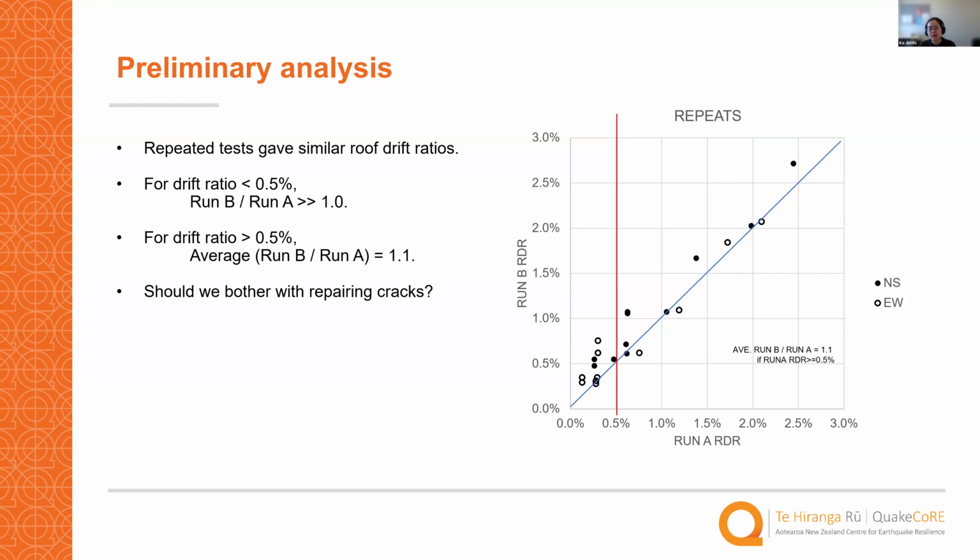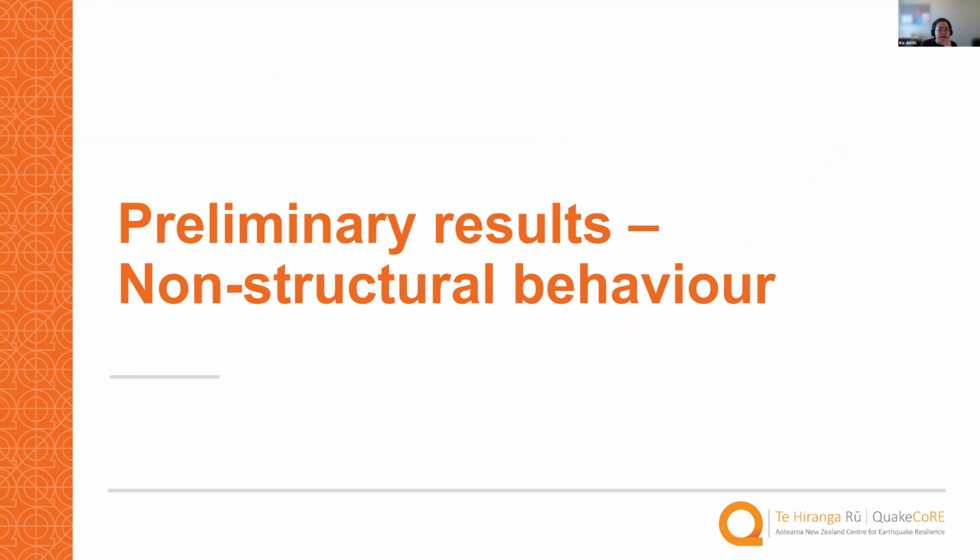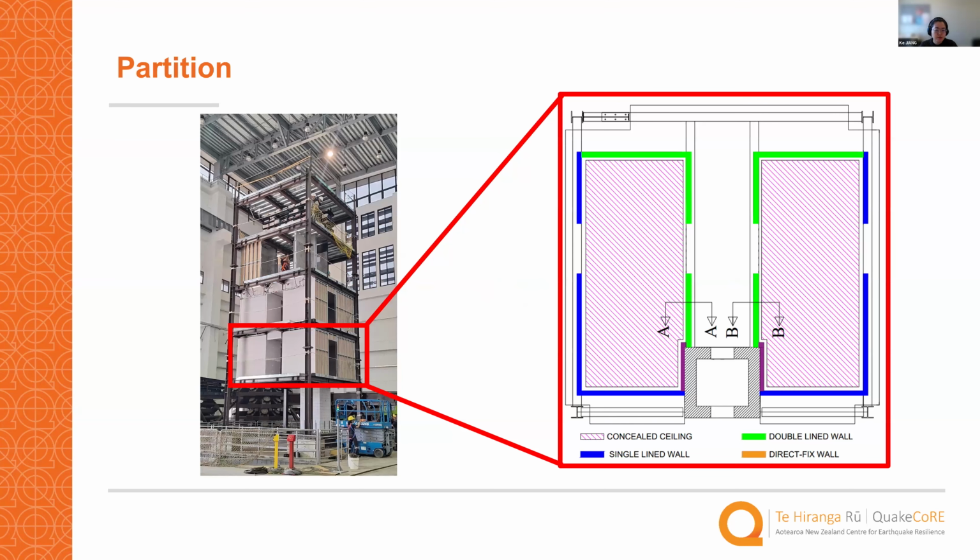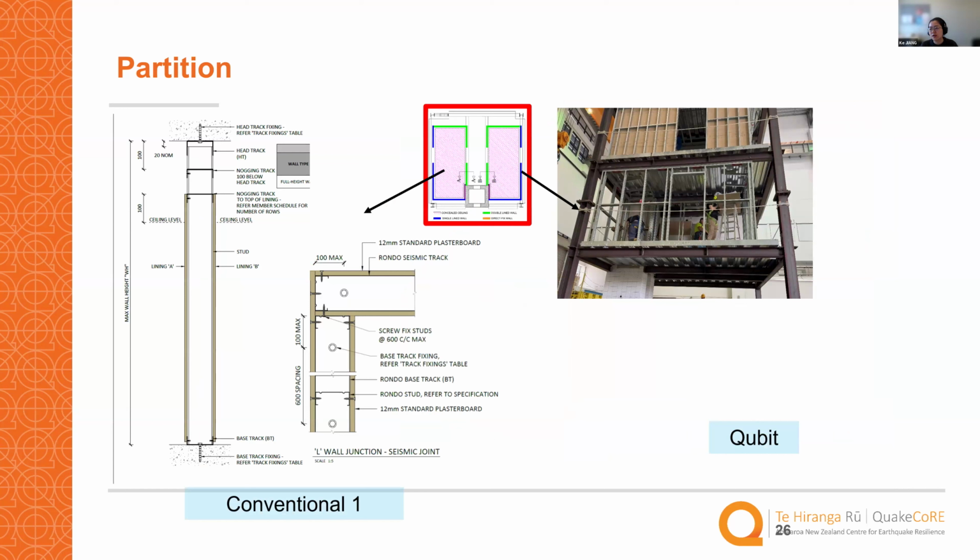So, then the next part, I want to show some preliminary results of our non-structural element performance. For the non-structural elements at the second story, we put in partition walls. There are two rooms, and for each room we have different detailings.